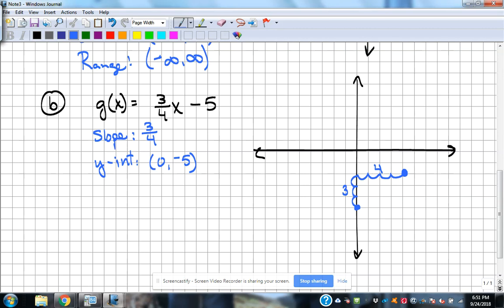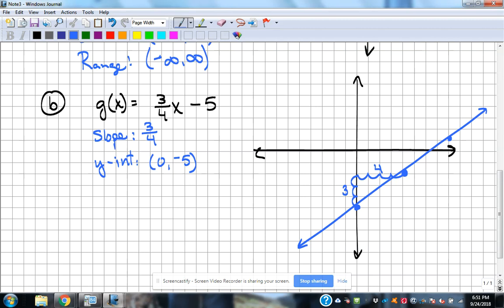Rise first, up 3 because it's positive. If it had been -3/4, I'd have gone down 3, right 4. It's positive, so I went up 3. I could do that again if I wanted to. And there we have our line.